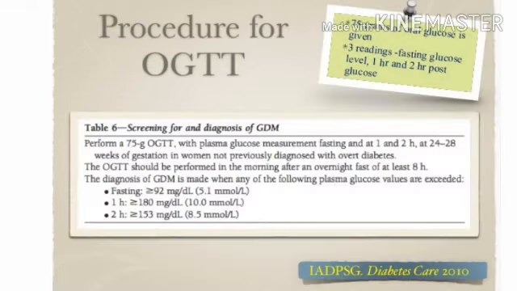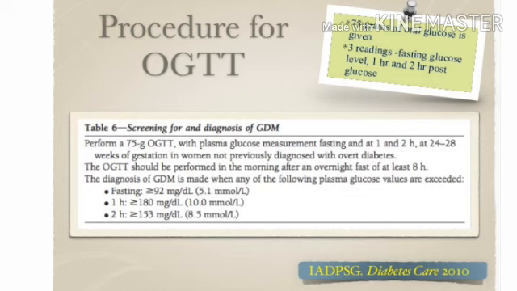It is a simple procedure. 75 gram of oral glucose is given. 3 readings are taken: fasting glucose level, 1 hour and 2 hour post glucose level. Routinely, this test is done in asymptomatic pregnant woman in 24 to 28 weeks of gestation.